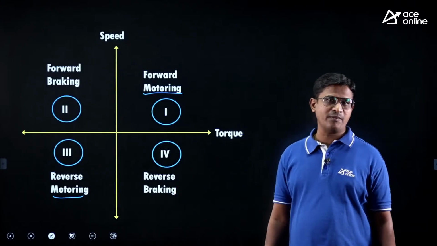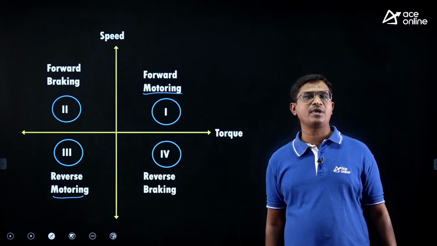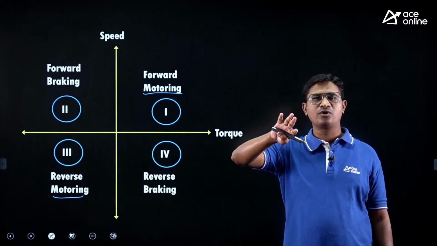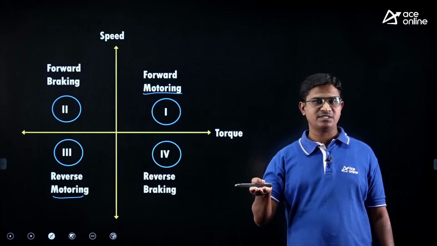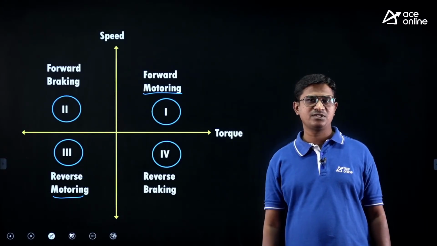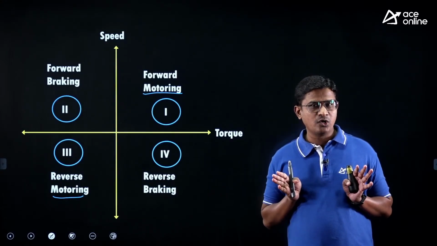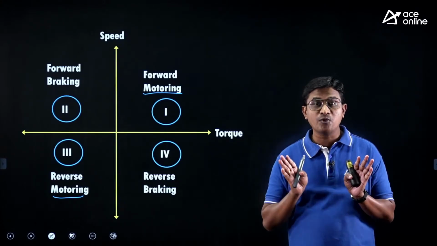Suppose you have a motor running at some particular 1200 RPM in clockwise direction. We know that when the motor rotates at a particular speed, the back EMF will be present with a non-zero value. Now if I want to put the brakes on the motor, I am going to apply an opposing torque.